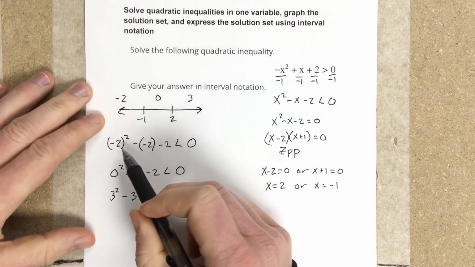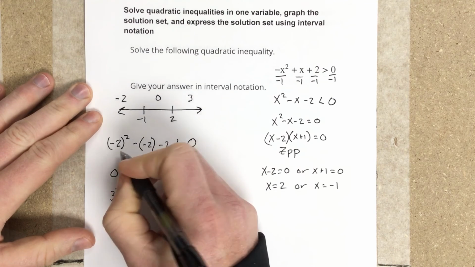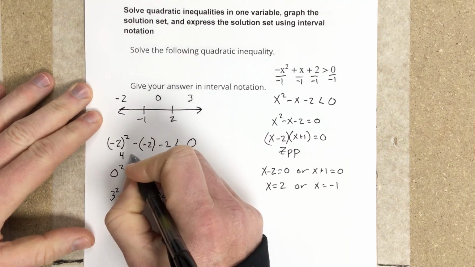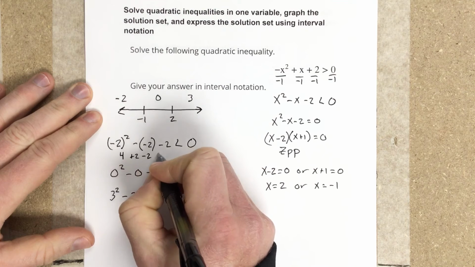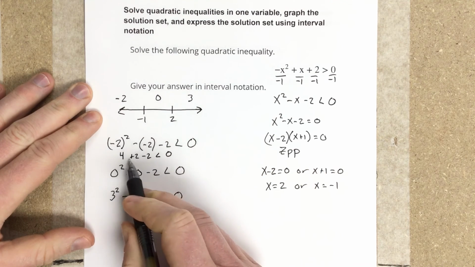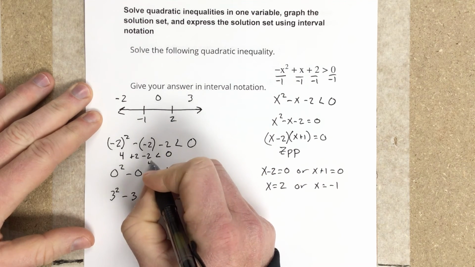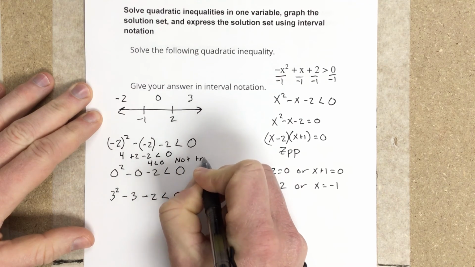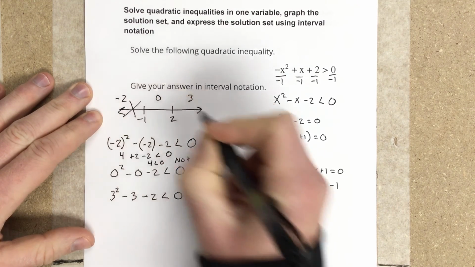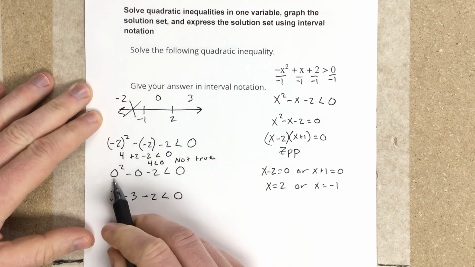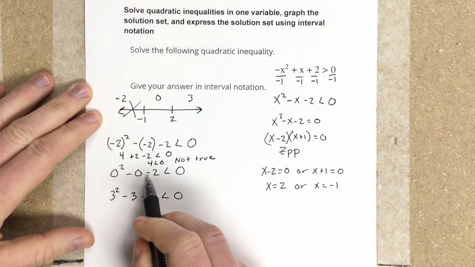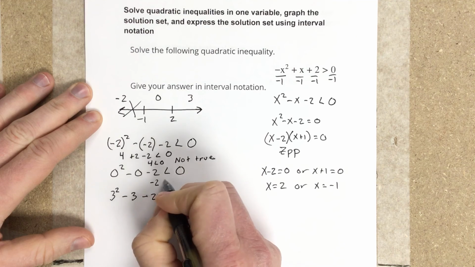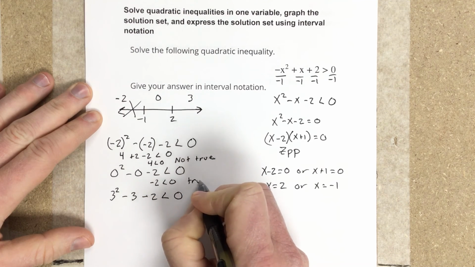So let's check all of these. This will be 4 plus 2 minus 2 less than 0. Well, 4 plus 2 minus 2, we're going to get 4 less than 0. Not true. So this area is not solutions. 0 squared minus 0 minus 2, so that's negative 2 less than 0. That is true.